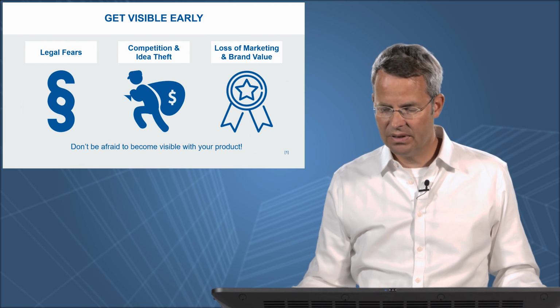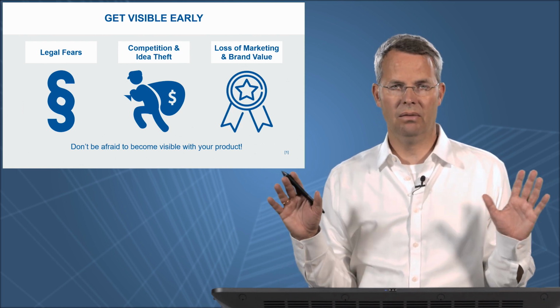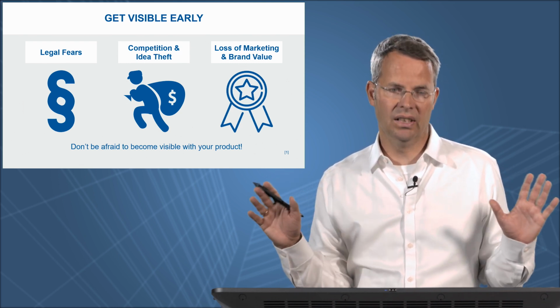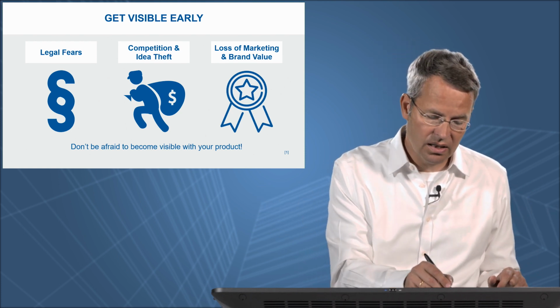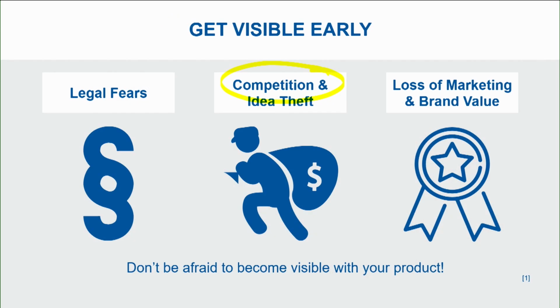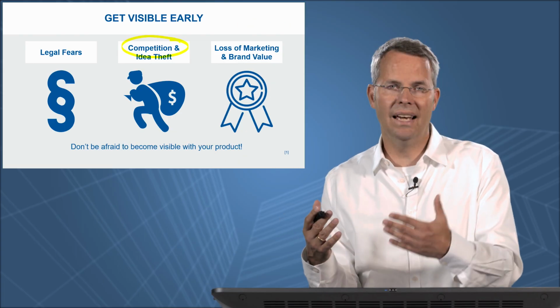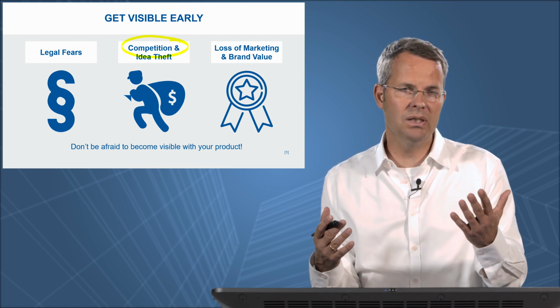I know many people say this is not working out with products. They are afraid of competition, because if you start with the minimum viable website, for example, everybody sees what you're planning to do. And the competition could do the same. But if you're ahead in learning, you will always be better than them.